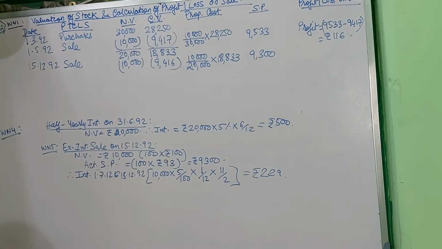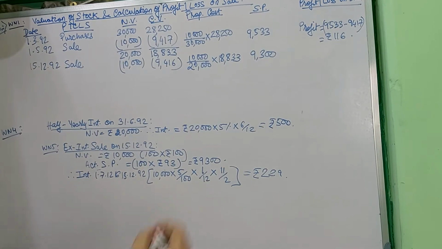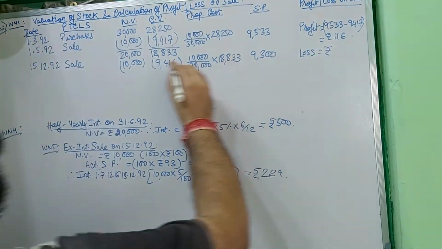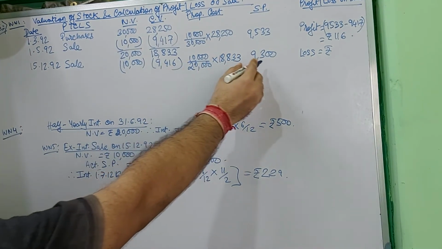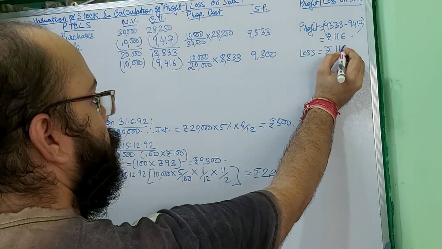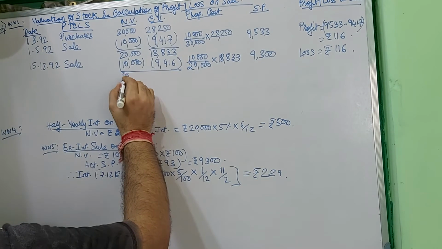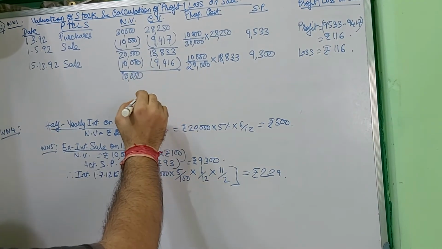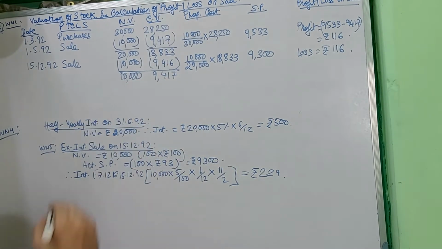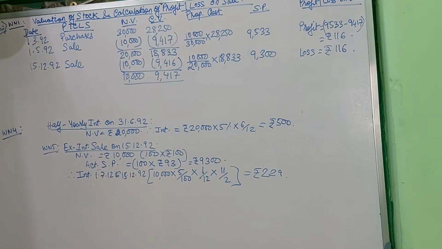And 9,300. There has obviously been a loss. How much is the loss? The loss is 9,416 minus 9,300, which is 116.